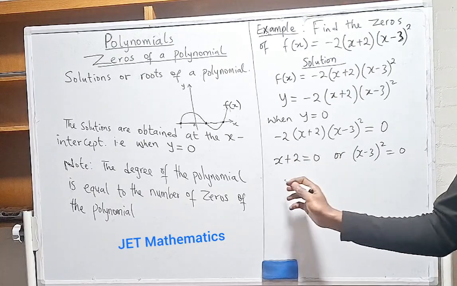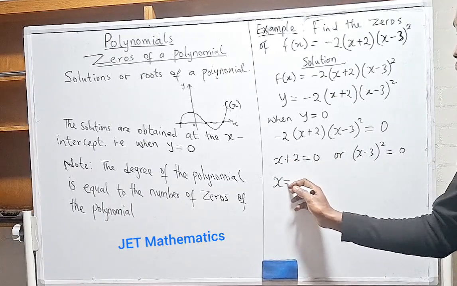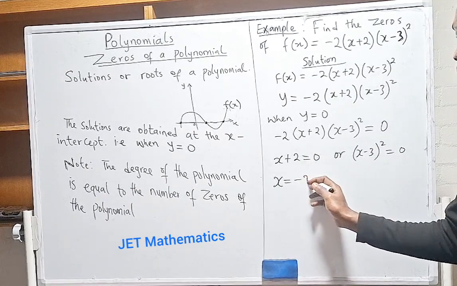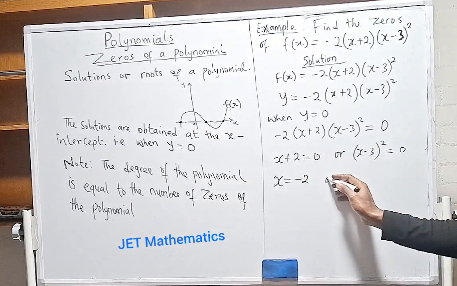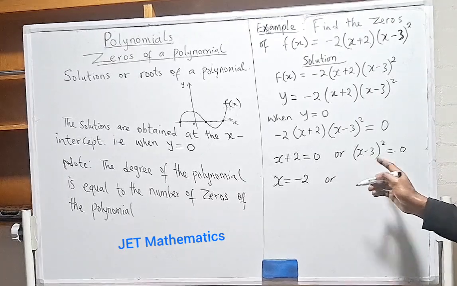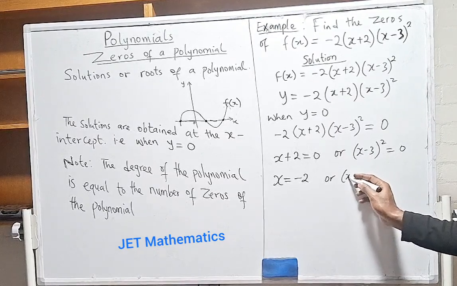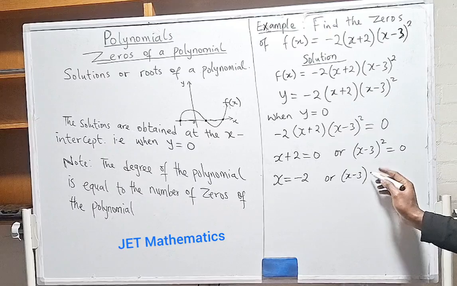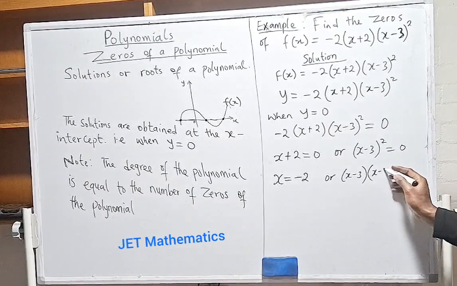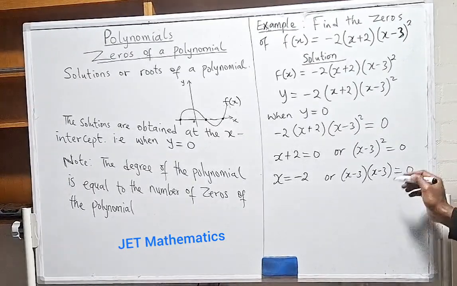Alright, so from here we have that x is equal to minus 2, or, since here is a product twice, we have x minus 3 and then again x minus 3 equal to 0.